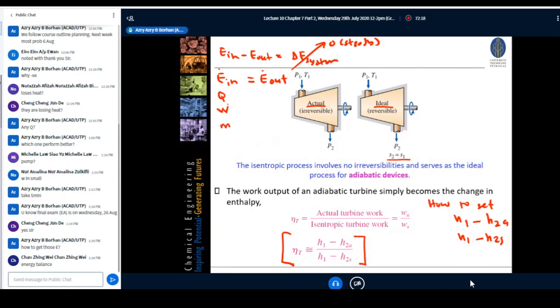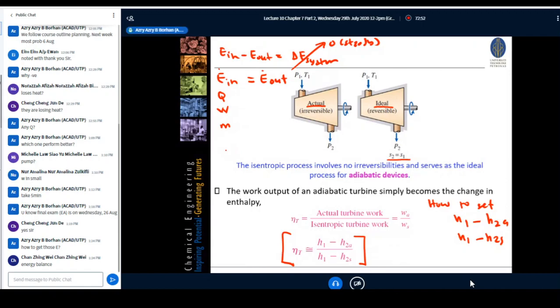So after we take into consideration both sides of this energy component, obviously this is a turbine. That means the turbine produces work. So from here there's no W in, but you have the W out. Here you have the H in. On the right side you have H out. There's no Q, right?